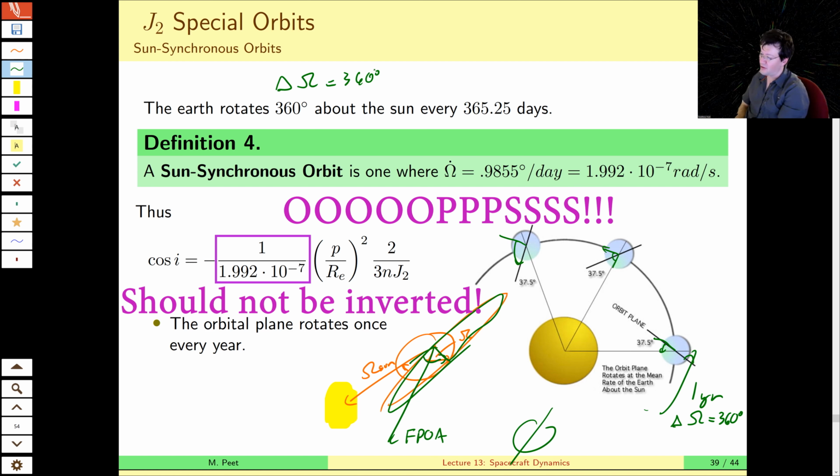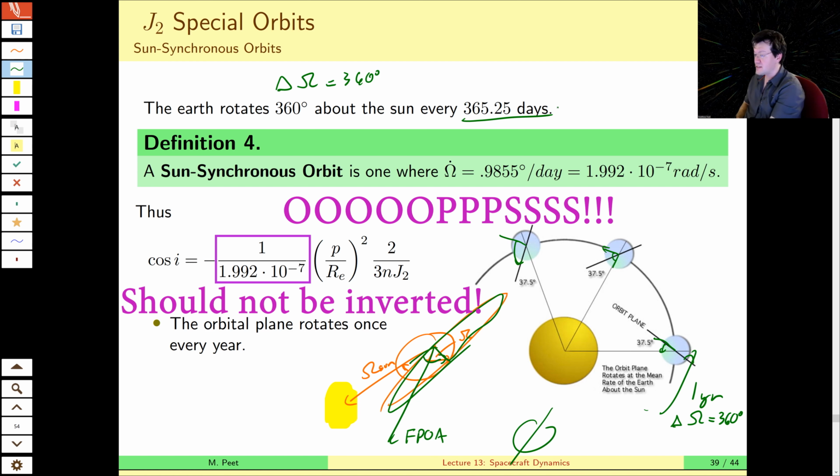Well, of course, we mean 365.25 days, but that's not quite what we mean. We get 1 day for free, and so we have to count that as well. It's not actually 365.25 days because, of course, the motion of the sun around the Earth gives us 1 day for free. That's the difference between a sidereal day and a regular day.